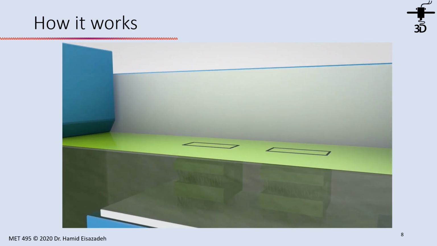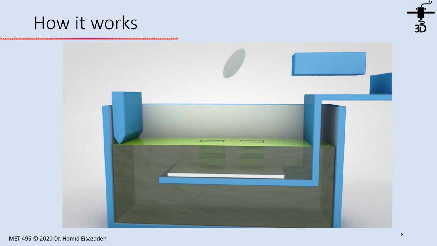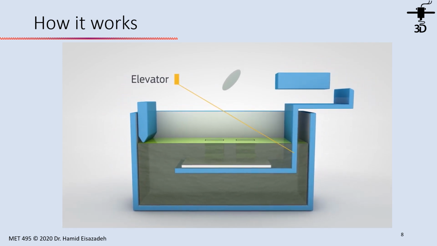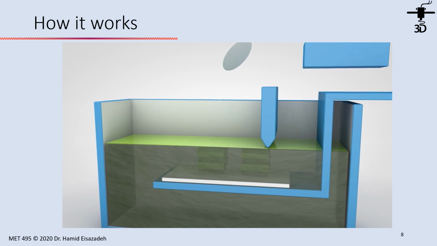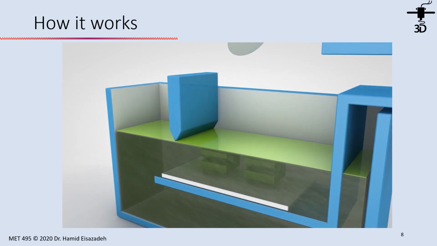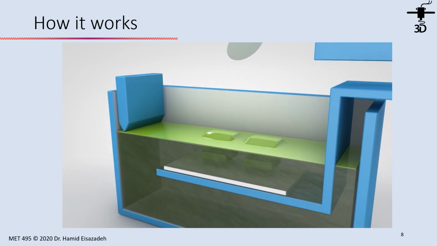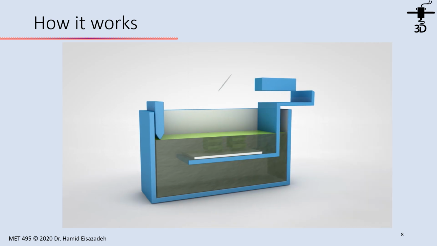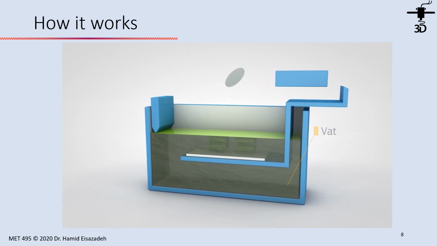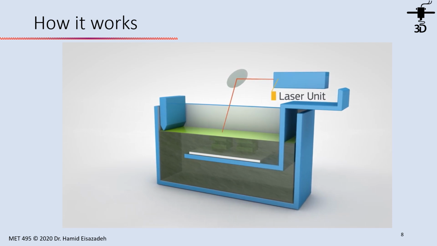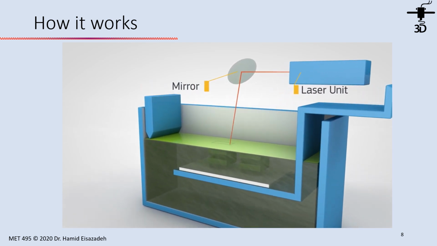Okay, the vat, which we mentioned before, contains the liquid material, and your support structure and your part will be made from the same material.